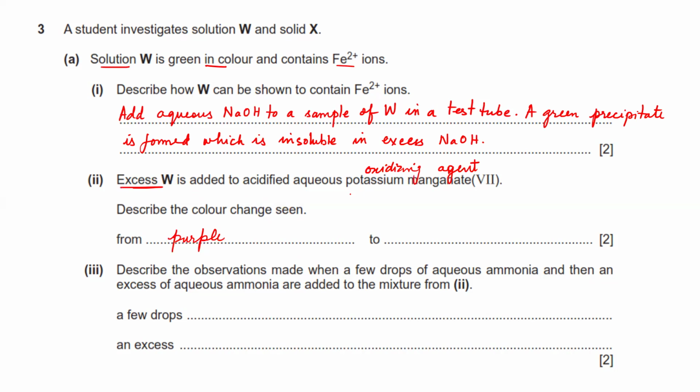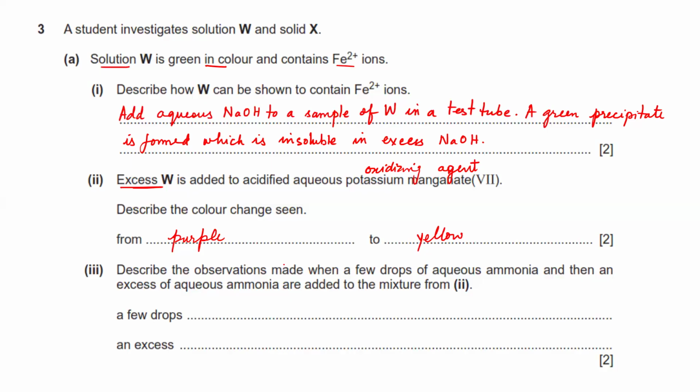So excess W is added to acidified potassium manganate. So W is in excess, and W is green in color. Iron 3 is generally reddish brown in color, and reddish brown and purplish color turns out to be something nearish yellowish sort of color. So the answer: the color changes from purple, initially potassium permanganate, to yellow.